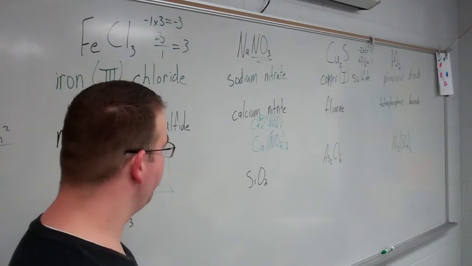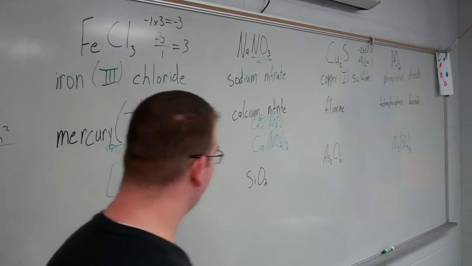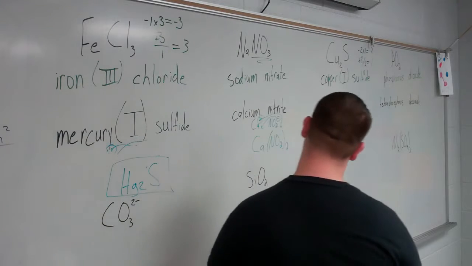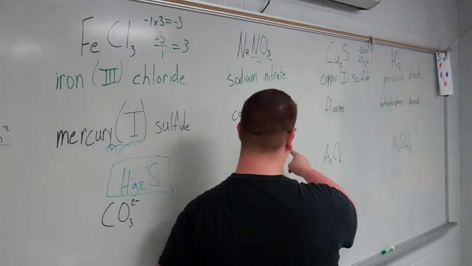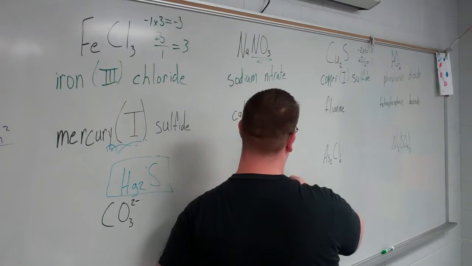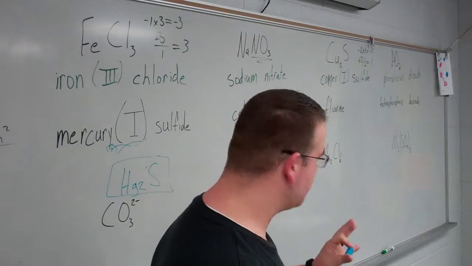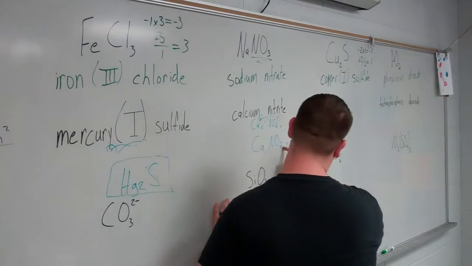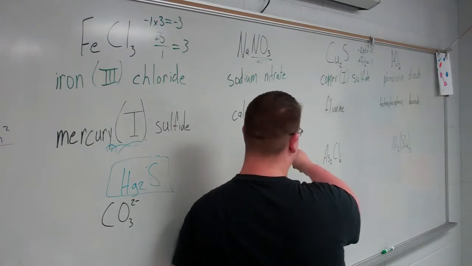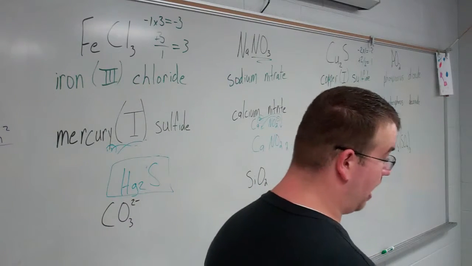Can you go back over why you put the 2 on the outside again? Yes. Alright, the whole reason I put the 2 on the outside here, I need 2 of these negative charges. But the whole nitrite, the whole polyatomic, is carrying that negative charge. I can't set a 2 out like this. If I set a 2 out like this, it's like I'm saying 22 oxygen. But I need 2 of those nitrites.